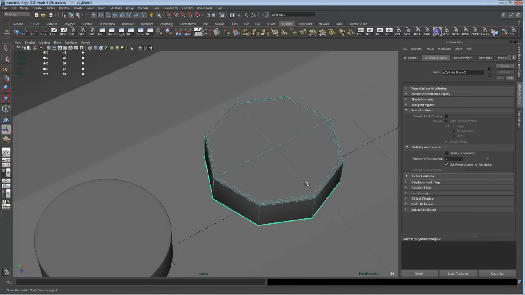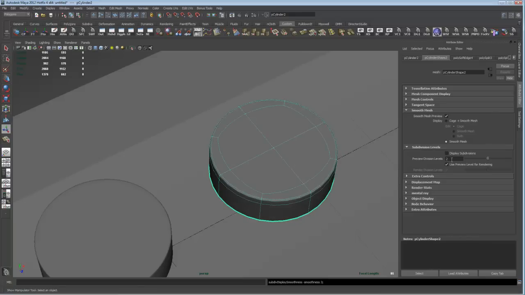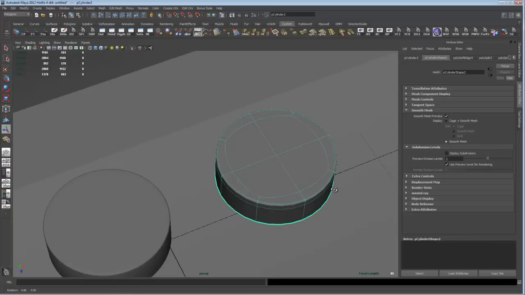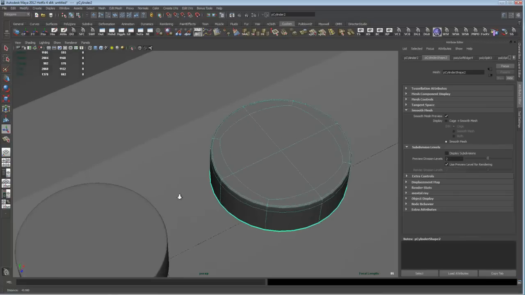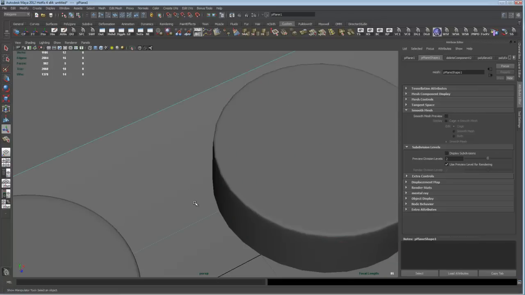So I have to, at a minimum, throw a two division smooth on this, which the smooth preview does by default right here. Now with the 2-division smooth on it, first of all, it's not circular, and secondly, it goes up to 576 polygons, and if I come in even this close, I can clearly see facets still in the model.